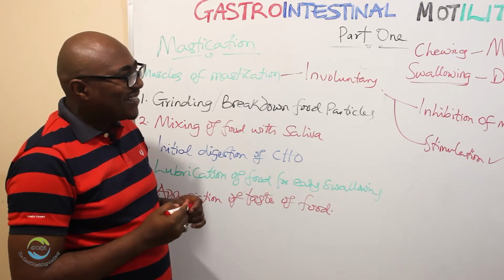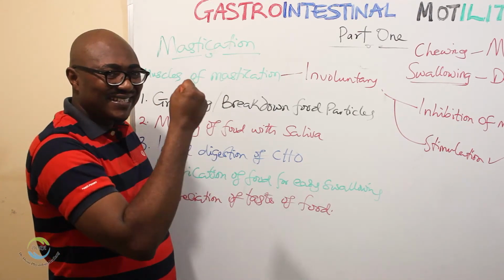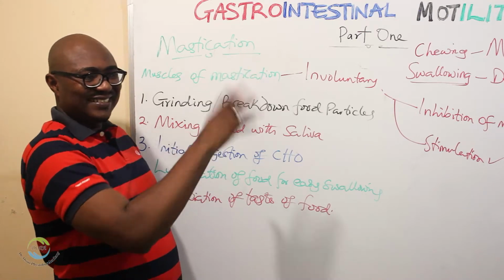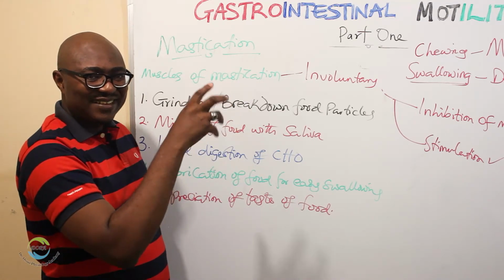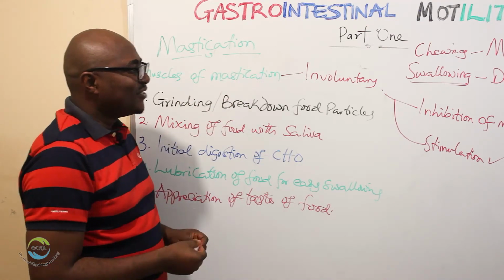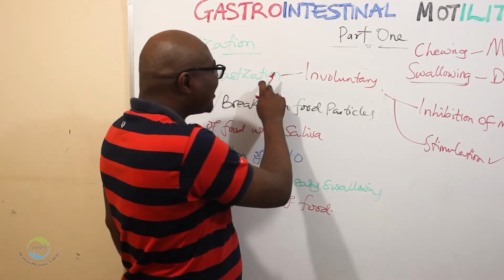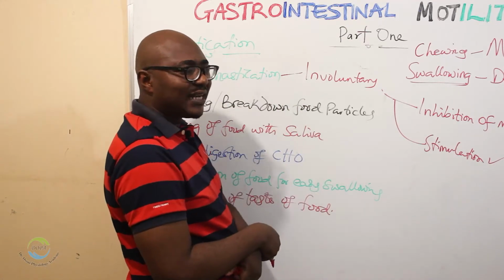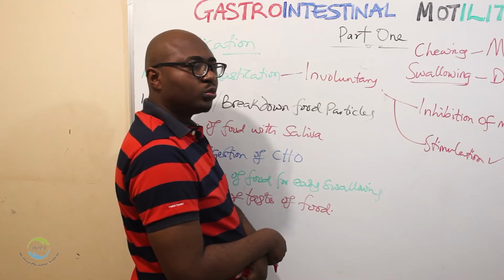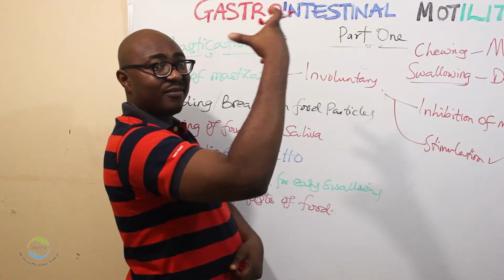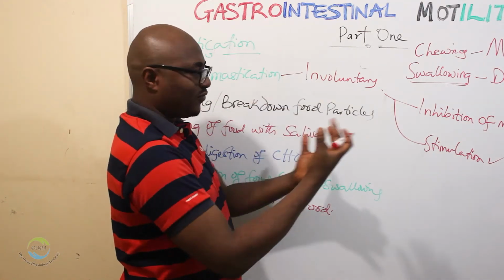And where is the control center? Every reflex, okay, control systems, they have a control center. So because mastication has a voluntary aspect, I can decide to open my mouth and close it. That means it's my cerebral cortex. I'm using my will, voluntary.